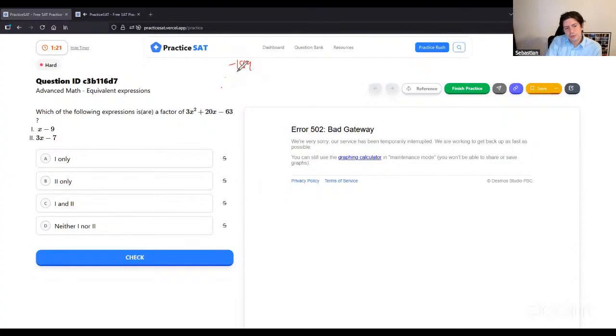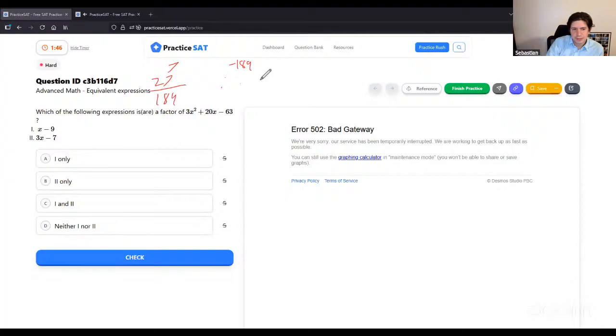Interesting. Okay, so it multiplies to negative 189. What about 7 times something? 7 times 27 will get us 189.